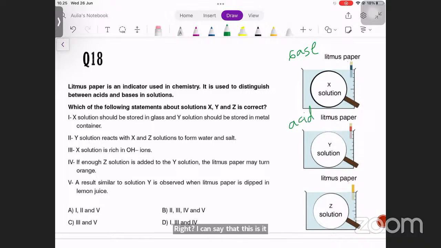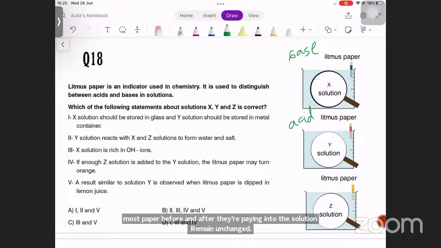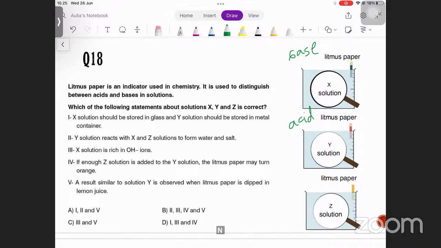As for solution Z, as you can see, the color of the litmus paper before and after dipping into the solution remains unchanged. It means that it is neither acid nor base. So we can conclude that it is a neutral solution.